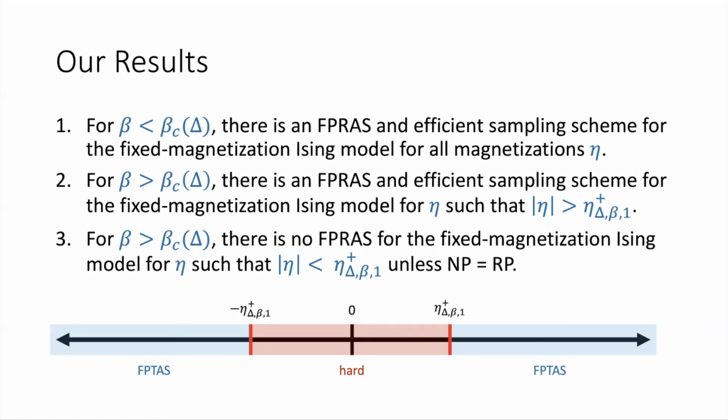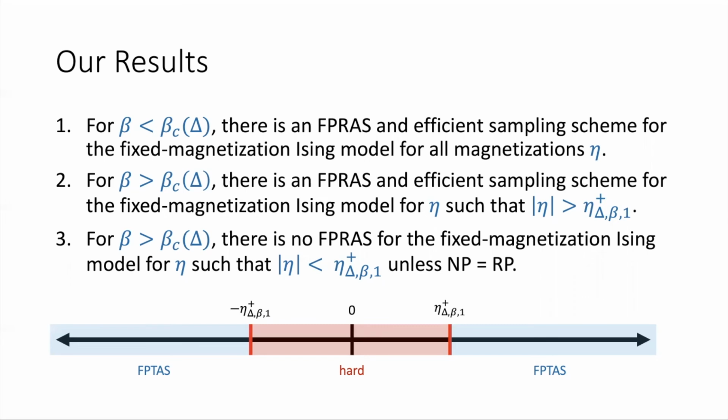Again, this eta can be thought of as the proportion of pluses you want versus minuses. The first one follows from a lot of previous results and uses the framework established by Will Perkins and Ewan Davies in a previous work. It's not as interesting or surprising as bullets 2 and 3.